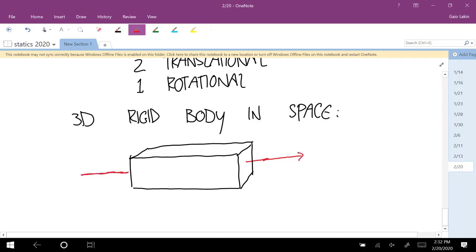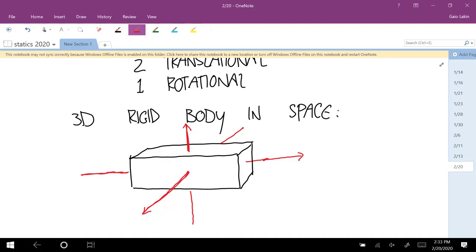So there's one that way. There's one that way. And then one that way. Okay. And let's think about the degrees of freedom that this object has.